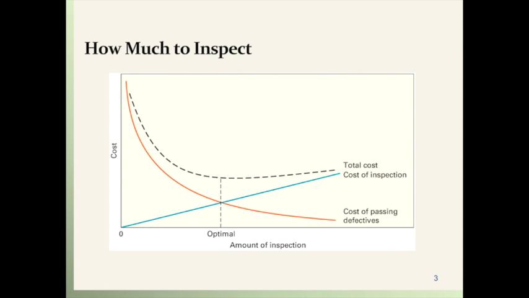So here's a question: how much do you inspect? On the left, if you look at this red line, this is the cost of passing defects. So this is really that cost, the external cost to the customer.